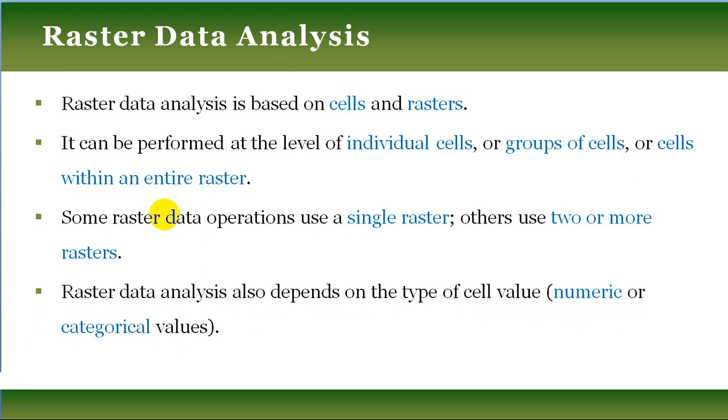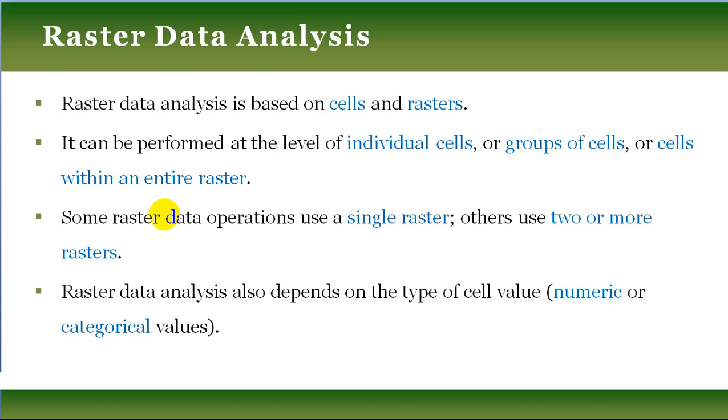Raster data analysis also depends on the type of cell value. That means, based on which raster the user performs analysis, the cell may contain a numerical value or a categorical value like textual data, such as land use name or soil type.